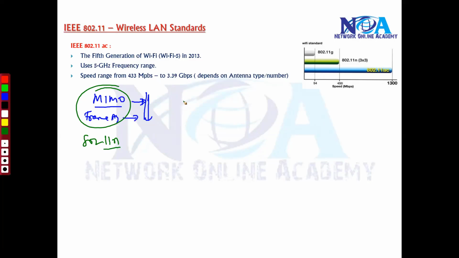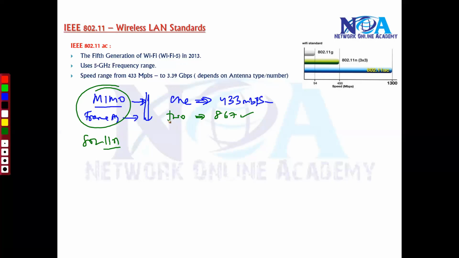Now the difference is it can offer more throughput, typically depending upon the number of antennas it uses. Let's say if it is using one antenna on a handheld device, like your mobile phone, it can offer up to 433 Mbps throughput. If it is using two antennas, like typically on a tablet, laptop or access point, it can offer around 800 or 867 Mbps.